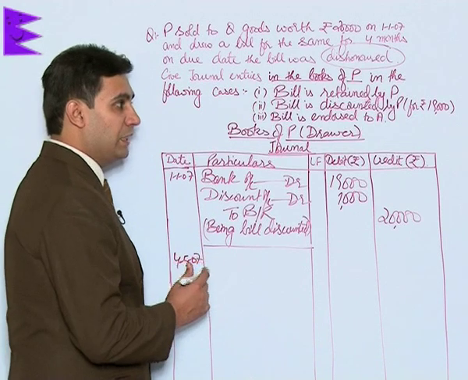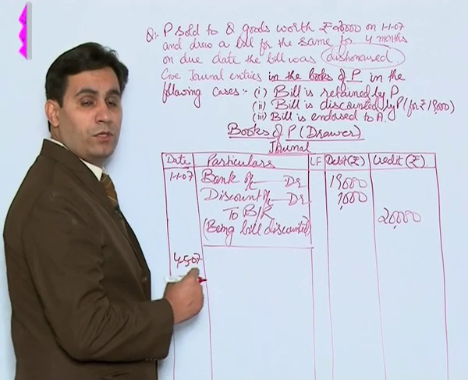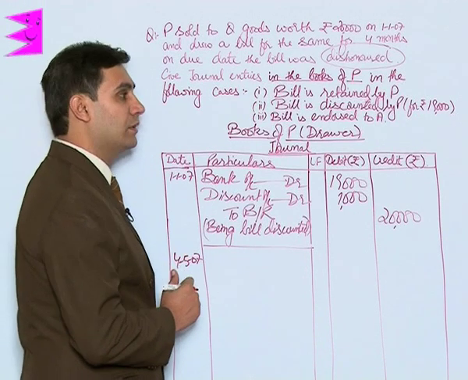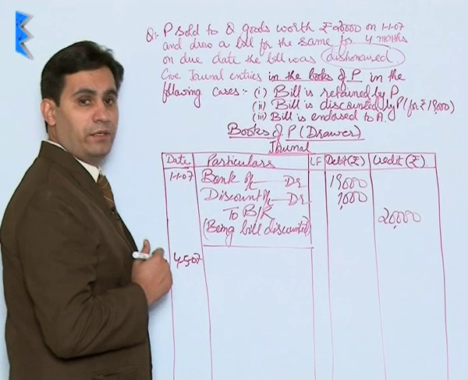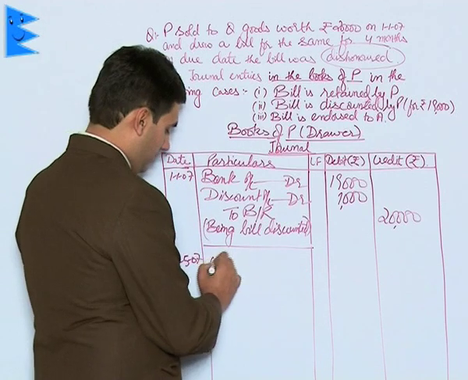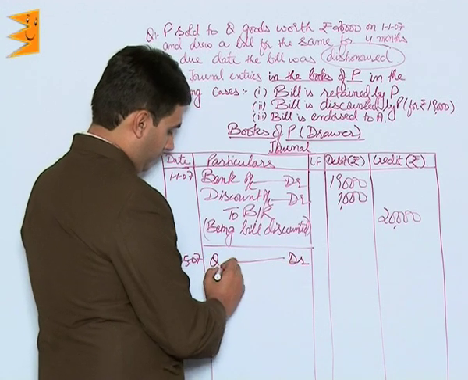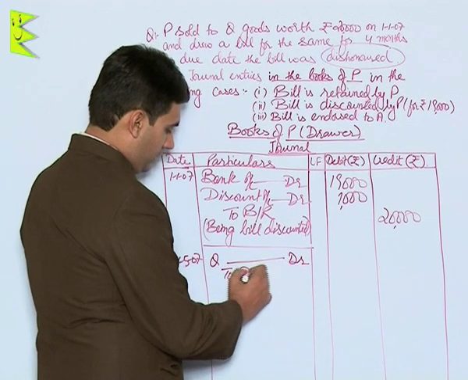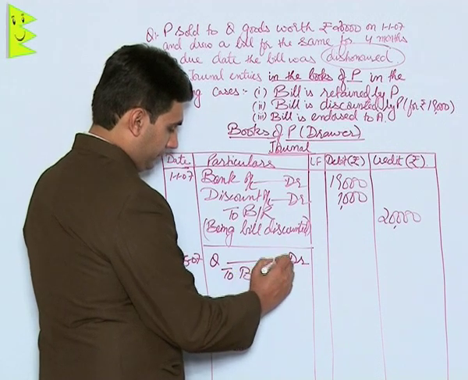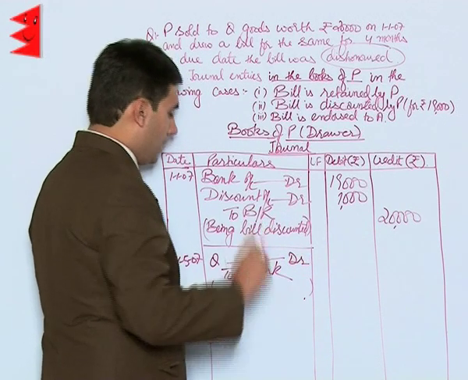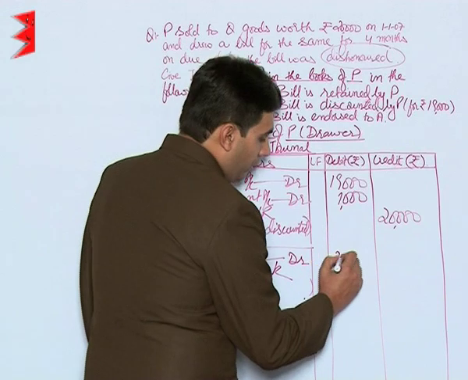So the entry would be that P would have to pay to bank and the liability of Q would be reinstated. That is Q debited to bank. Amount would be full 20,000.